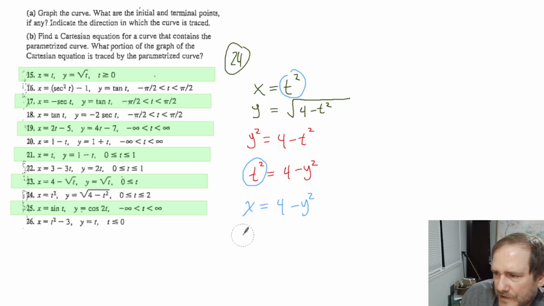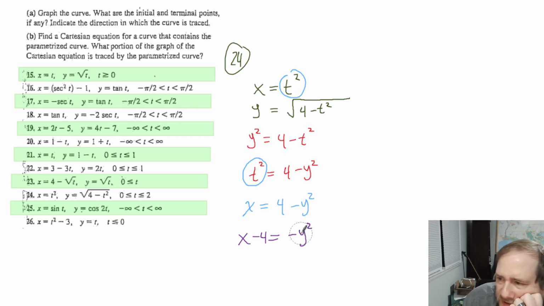Honestly, you would subtract 4 from both sides, really, because we want the x on the left-hand side and the y squared on this side. And probably I would let this stay negative, because if we're doing x minus h equals 4p times y minus k squared, then that negative just means our p-value is negative.